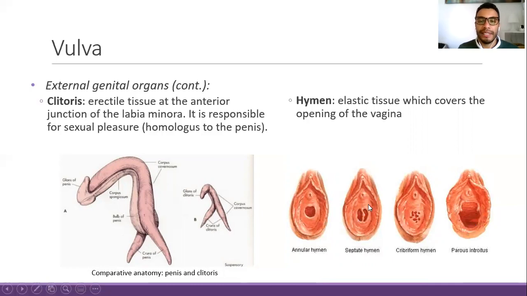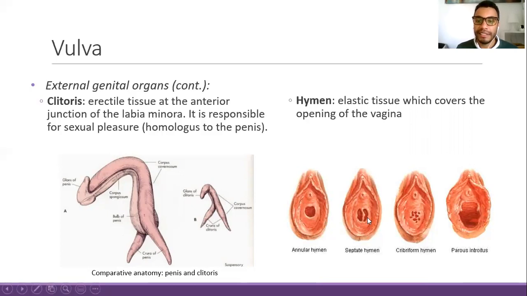So those different types of hymen, the abnormal types, could be treated by surgery in the worst cases, or even by normal sexual intercourse or masturbation.